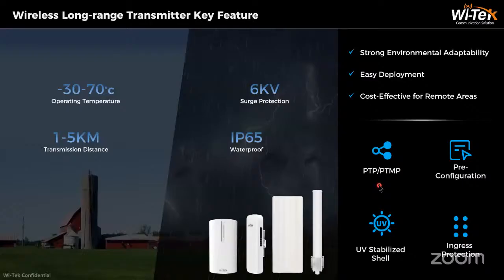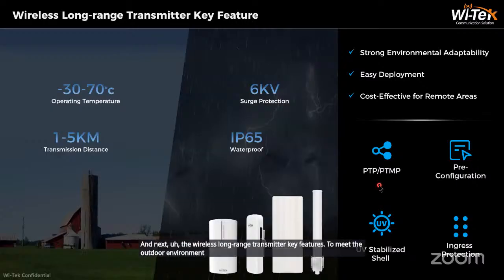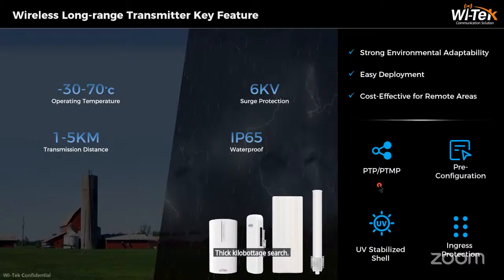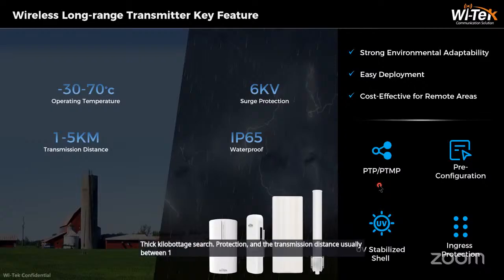And next are the wireless long-range transmitter key features to meet the outdoor environment, like -30 to 70 degrees Celsius operating temperature, 6 kilovolt surge protection, and a transmission distance usually between 1 to 5 kilometers.